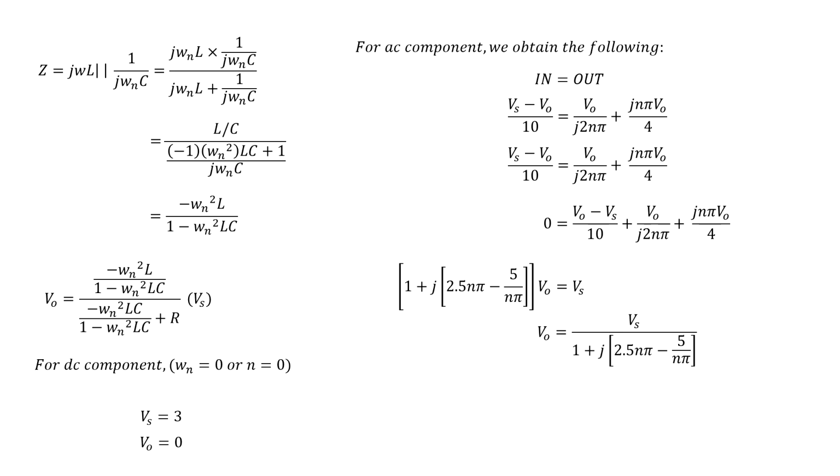So we have Vo equal to 0 after we put in omega n equals 0, and Vs is equal to 3, Vs being for the DC component.